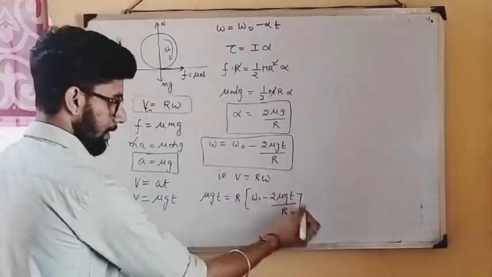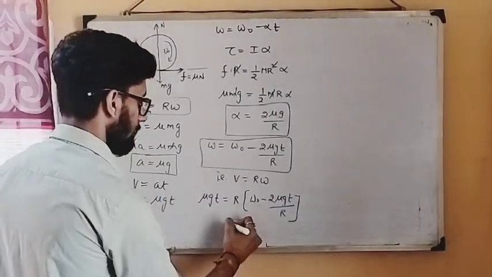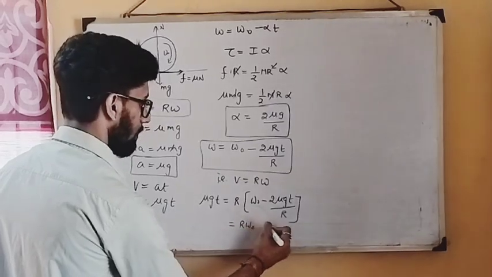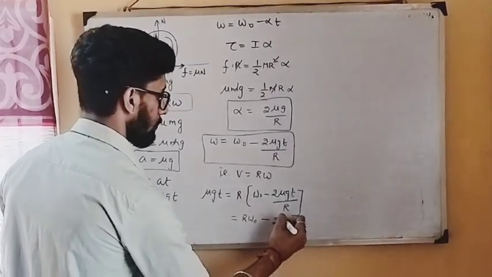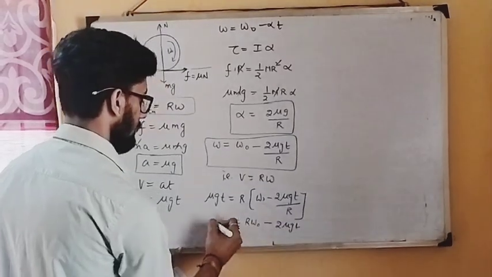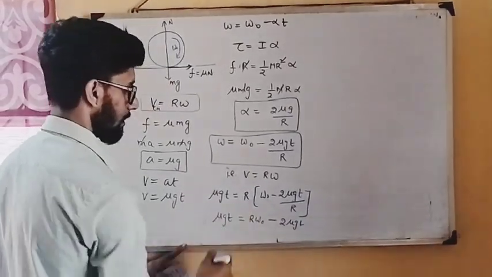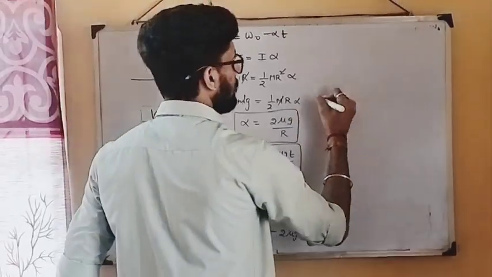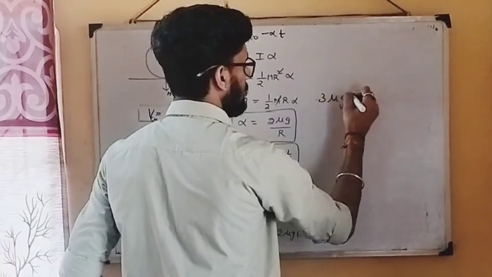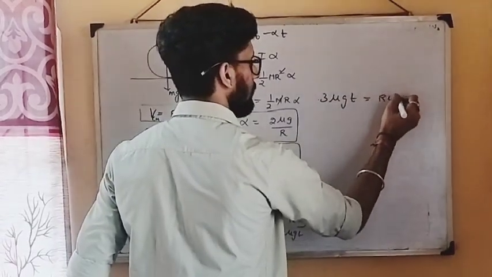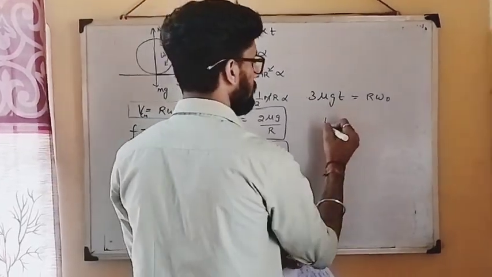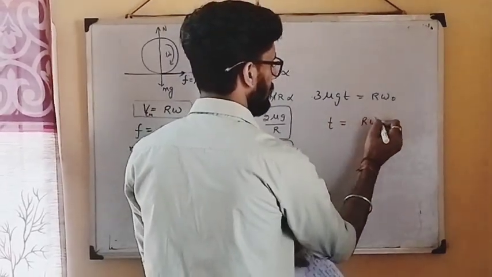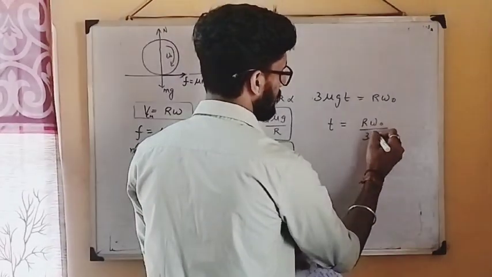If we take the variables inside, we get r omega naught minus 2 mu g t is equal to mu g t. From here, 3 times mu g t is equal to r omega naught, or as we are going to find out the time, t will be equal to r omega naught upon 3 mu g.